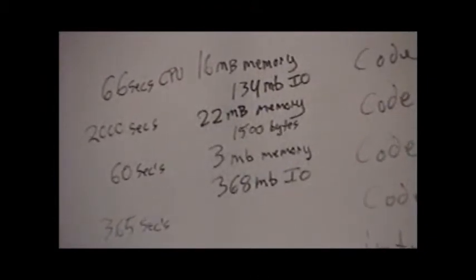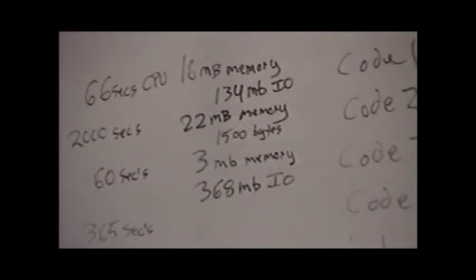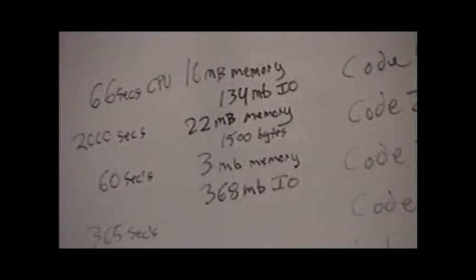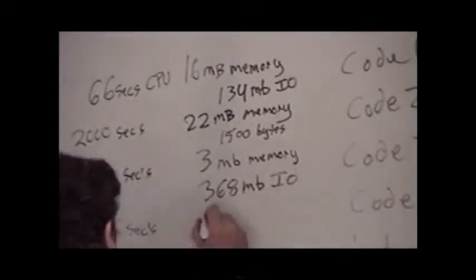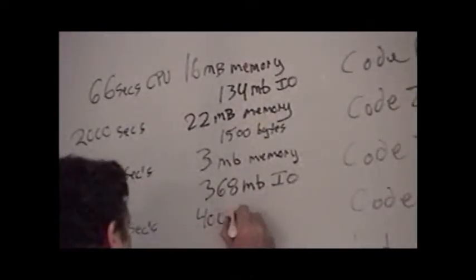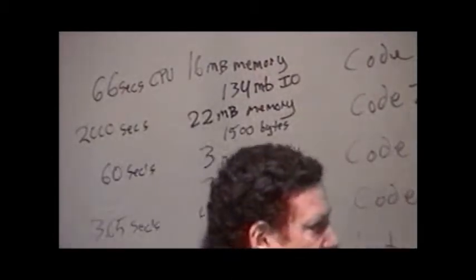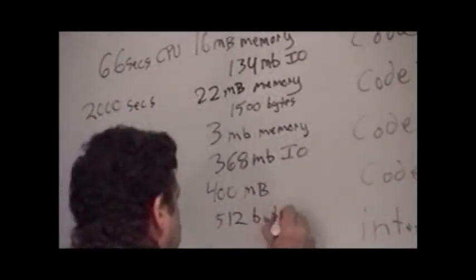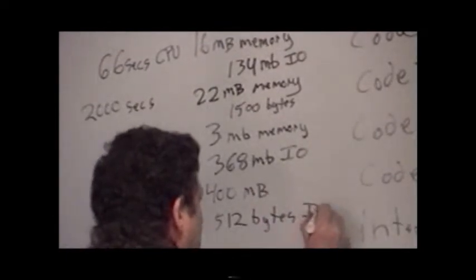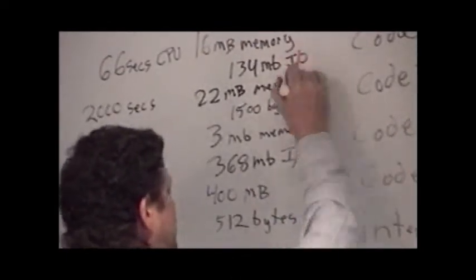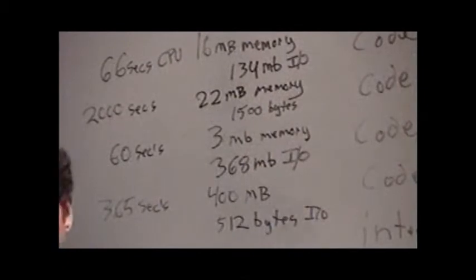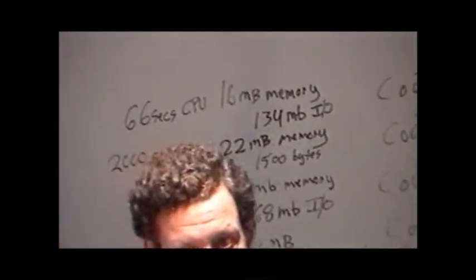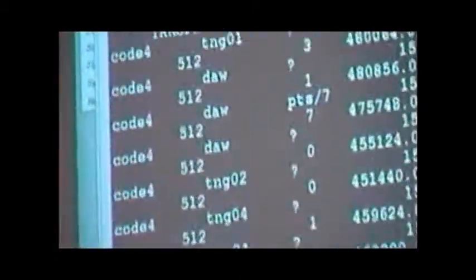They're actually 494. I'm just picking a rough number. So those are 400 megabyte in size in memory. And for I/O, it's 512 bytes. Now when we're counting this I/O, this is just disk I/O. It does not include network I/O. Okay, that's just how much did I do on read and write system calls to the disk.